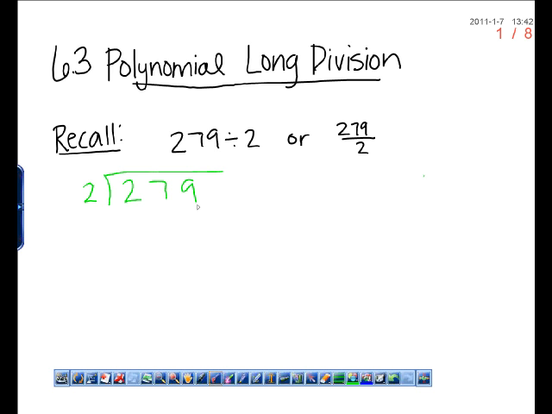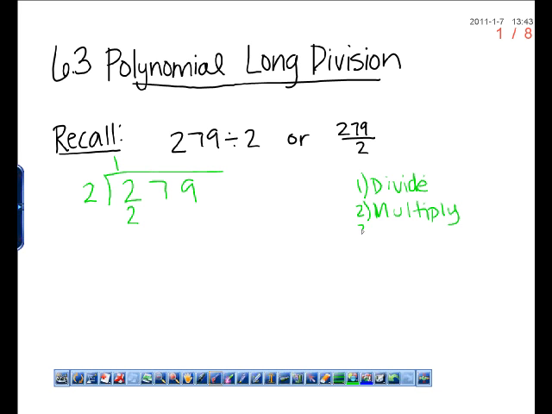What do we do first? Good. We divide. We do 2 divided by 2, and how many do we get? 1. So our first step is to divide. Then what do we do? Multiply. What do we multiply? 1 times 2, and I get 2.